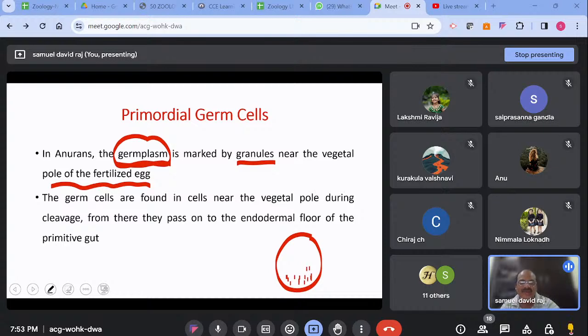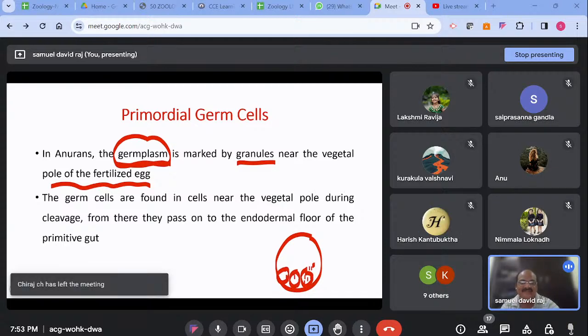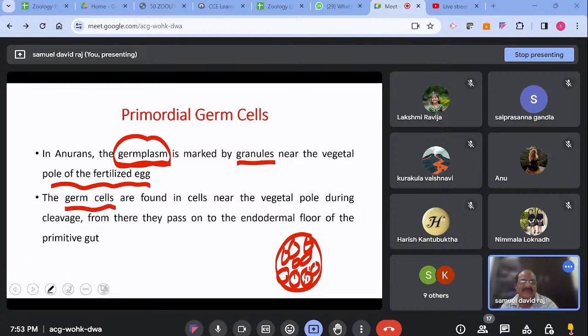In due course of time, it divides to form a number of cells. And the germ cells are found in cells near the vegetal pole because the germ plasm is present in the vegetal pole. Hence, the germ cells are found near the vegetal pole during cleavage.